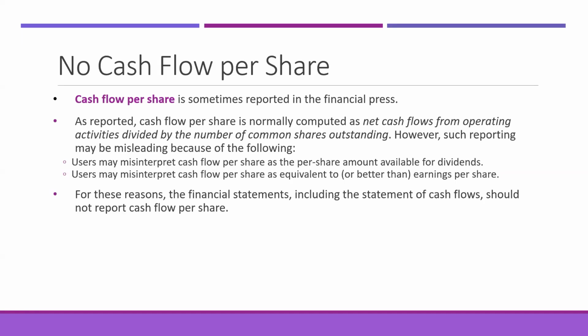And because there's no standard for it, right? In this slide, it's net cash flows from operating activities divided by number of common shares outstanding. But wouldn't net cash flows from operating activities minus capital expenditures, free cash flow, divided by shares outstanding be better, right? So it doesn't show on the statement of cash flows because it's not standard, it's not a GAAP metric.